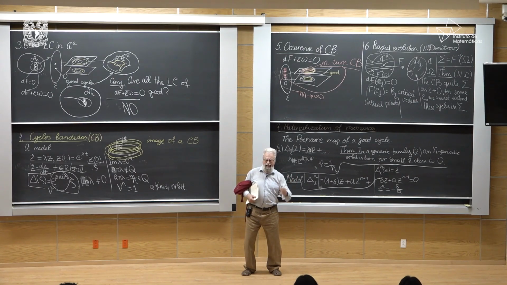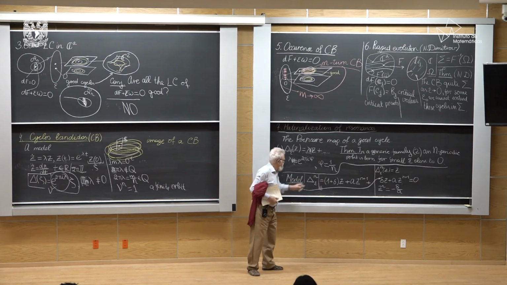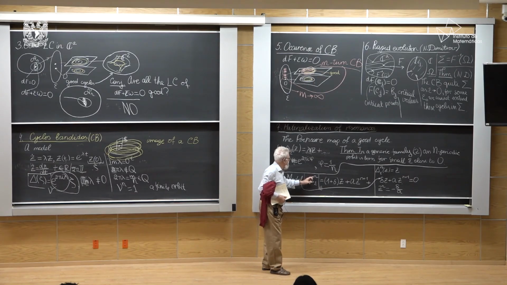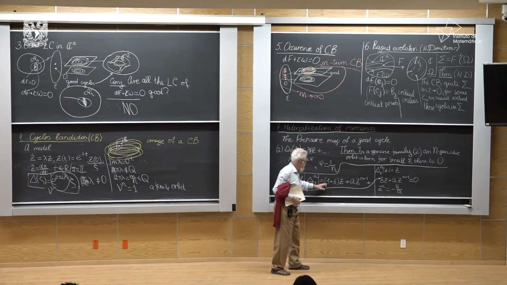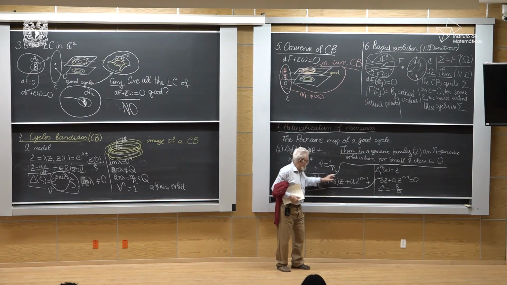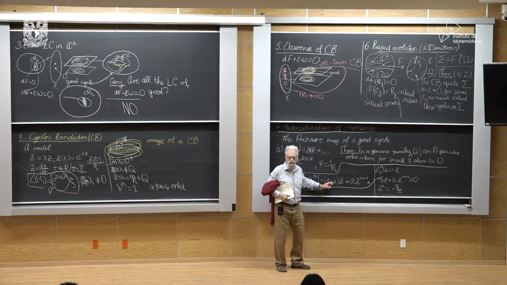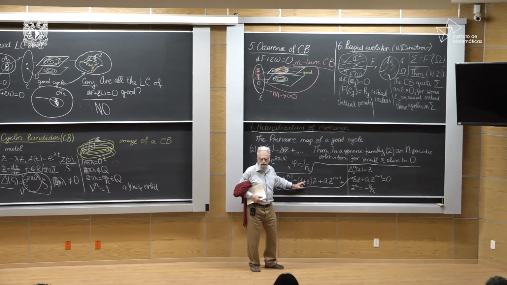So, the n-covered good cycle. And the n-covered good cycle will become definitely simply a multiple limit cycle, because when you take this iterate of its Poincaré map, and epsilon equals 0, you have exactly one here, and this is the definition of the multiple limit cycle. The linear term is z.